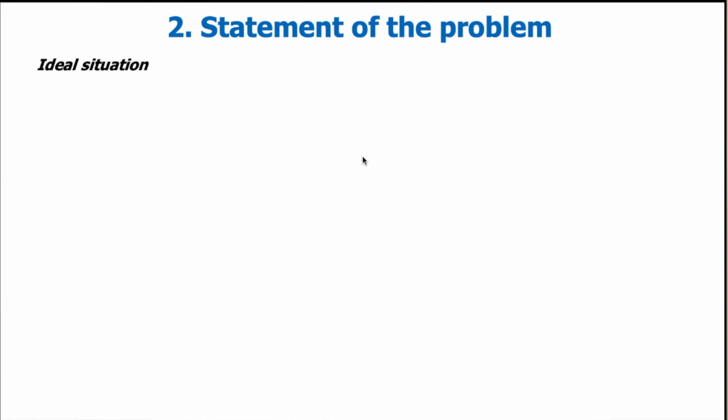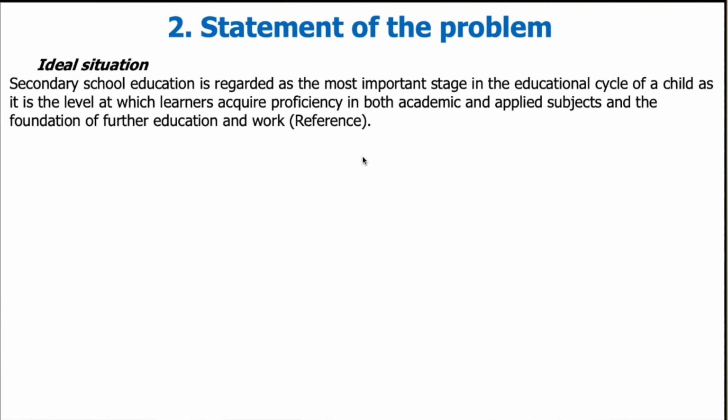Now, we're saying that secondary school education is regarded as the most important stage in the educational cycle of a child, as it is the level at which learners acquire proficiency in both academic and applied subjects and the foundation of further education and work. Now, that's how it's supposed to be, meaning secondary school education is key, is fundamental, because that's the foundation for one's career, for one's discovery of talent, and for one's future success and growth.